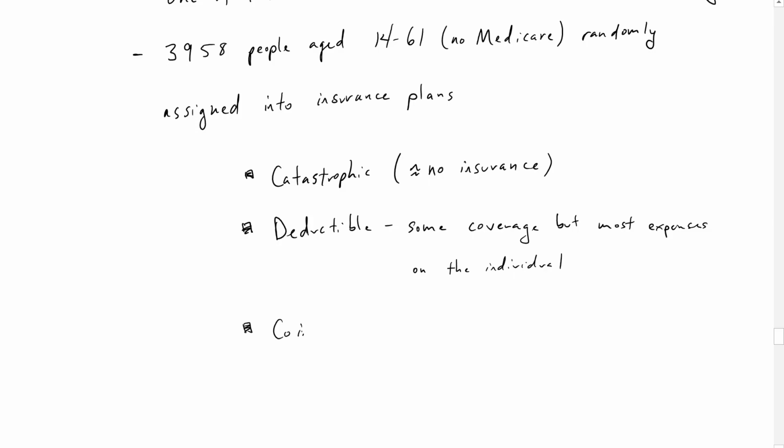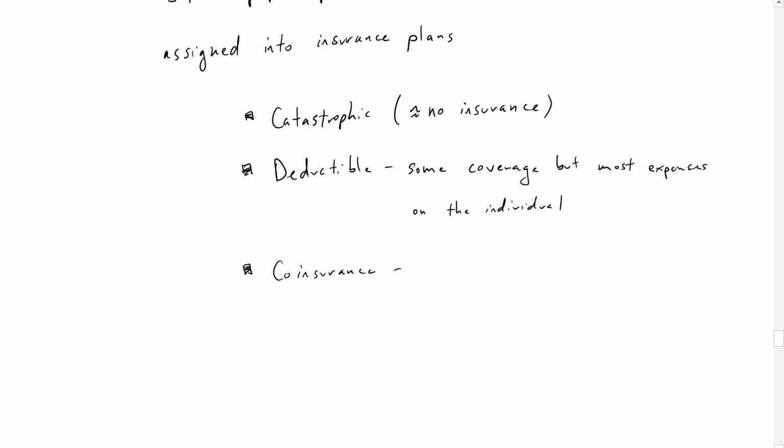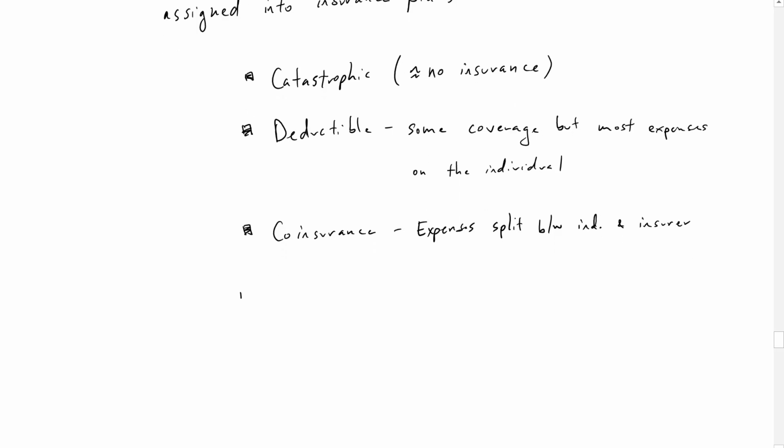Then we had coinsurance, where the expenses are split between the individual and the insurer. And finally, some people received free health insurance. So they got the policy, but they didn't have to pay anything.